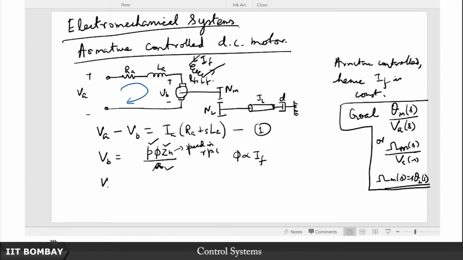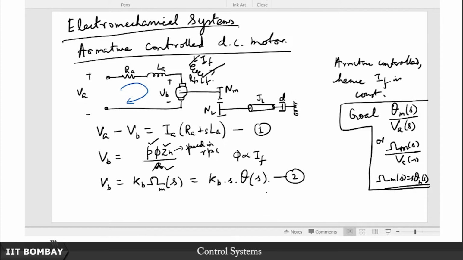So we can actually write the VB to be proportional to the speed, which is nothing but omega m. In other words, this is nothing but KB times S times theta(S), okay. So this is going to be my second equation, all right.